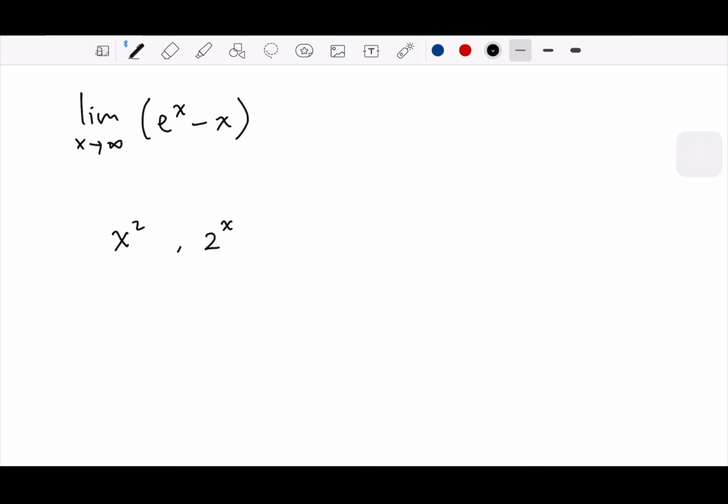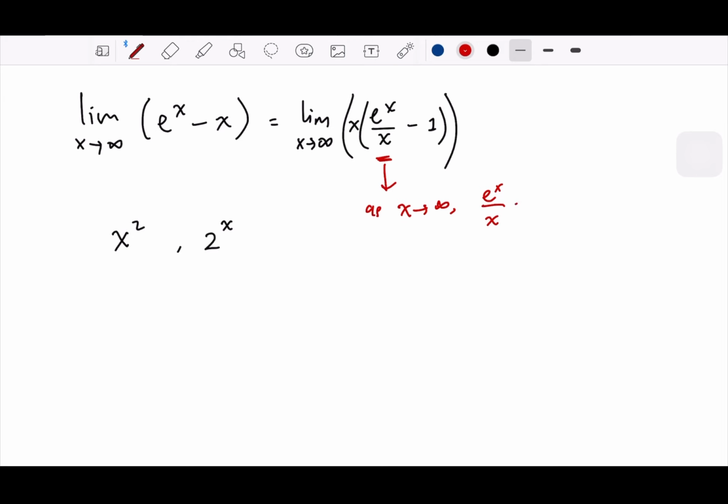And if you want to verify, we can take this limit. Just take the x out of the equation. And so as x goes to infinity, then e to the x over x is also going to infinity. So this expression will still grow large, because this e to the x is going to be increasing sufficiently large if you compare with just x, just the linear.